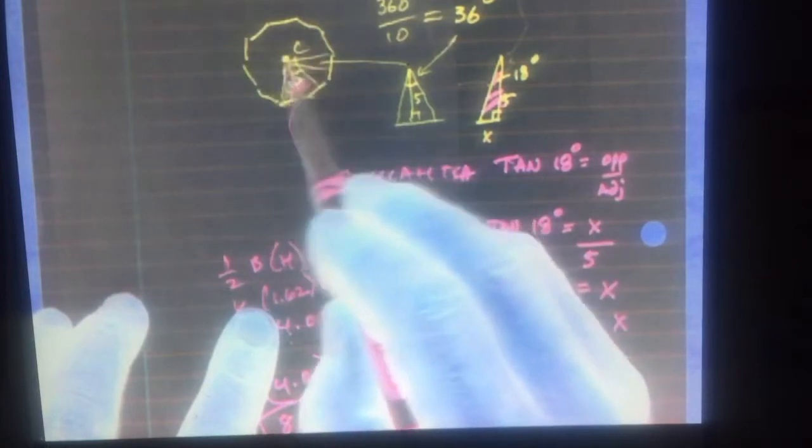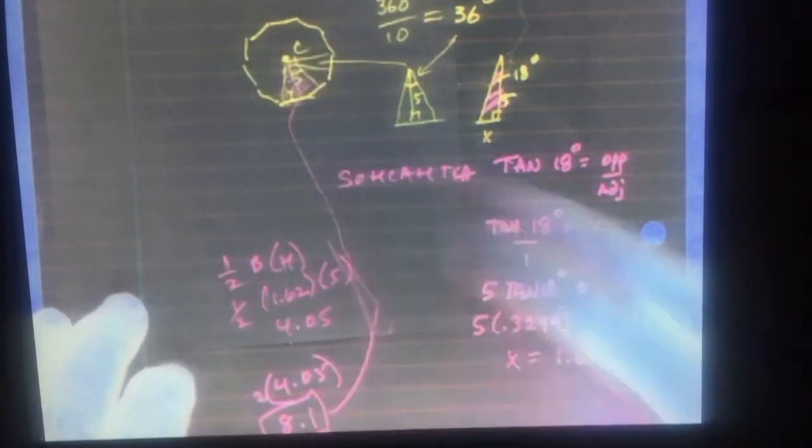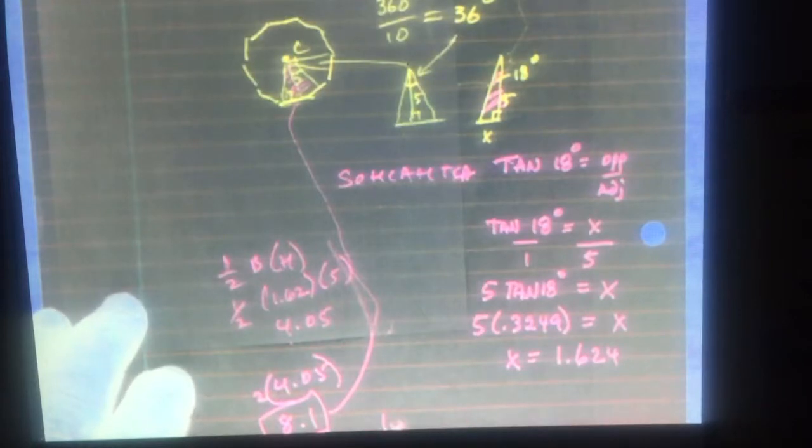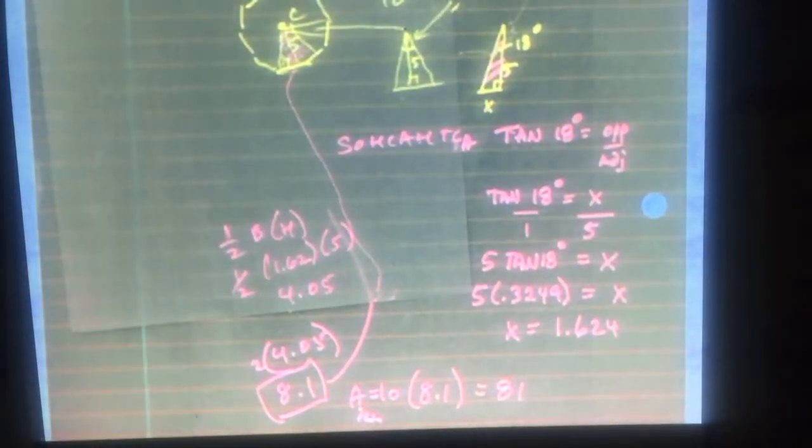This is 10-sided, 10 triangles, and we get 10 times 8.1, which is equal to 81. That's the area of the decagon.